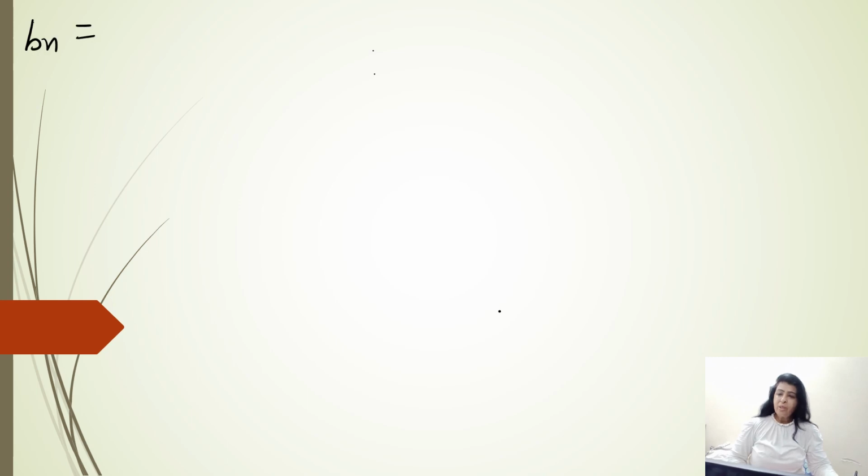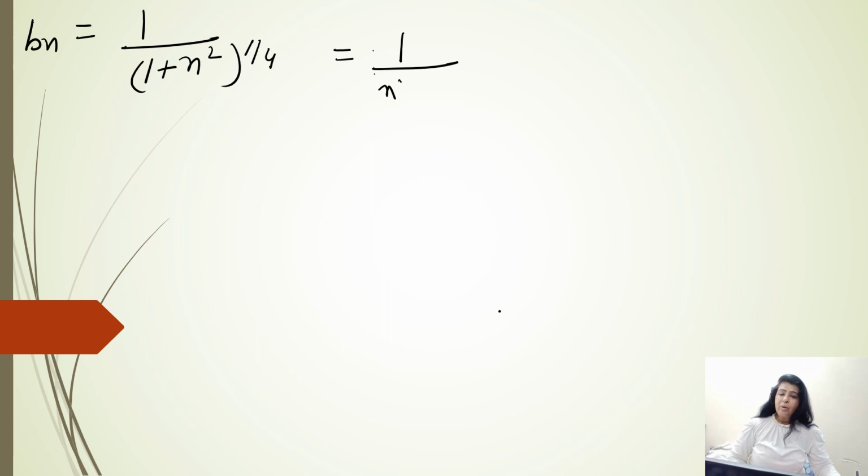Bn is equal to 1 by 1 plus n square whole raised to power 1 by 4. Now what will we do? We will take n square common. So n square raised to power 1 by 4, times 1 by n square plus 1, whole raised to power 1 by 4.